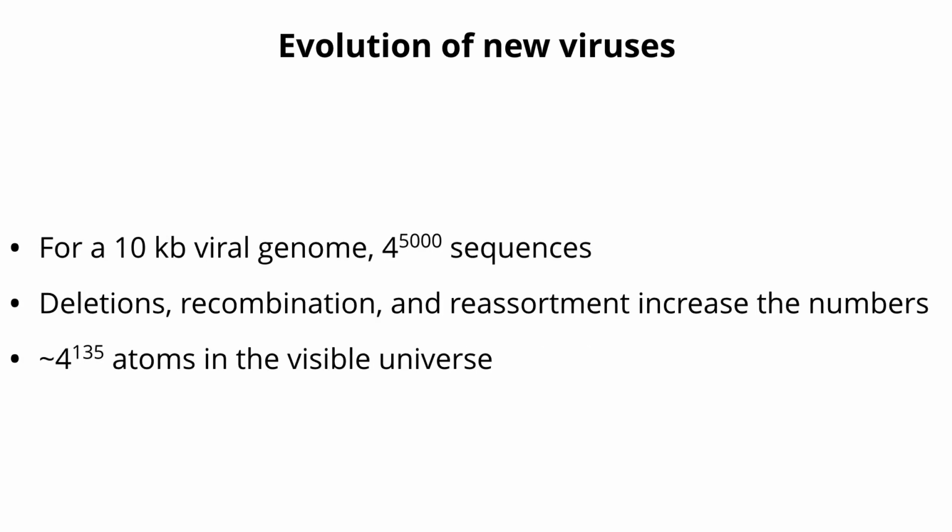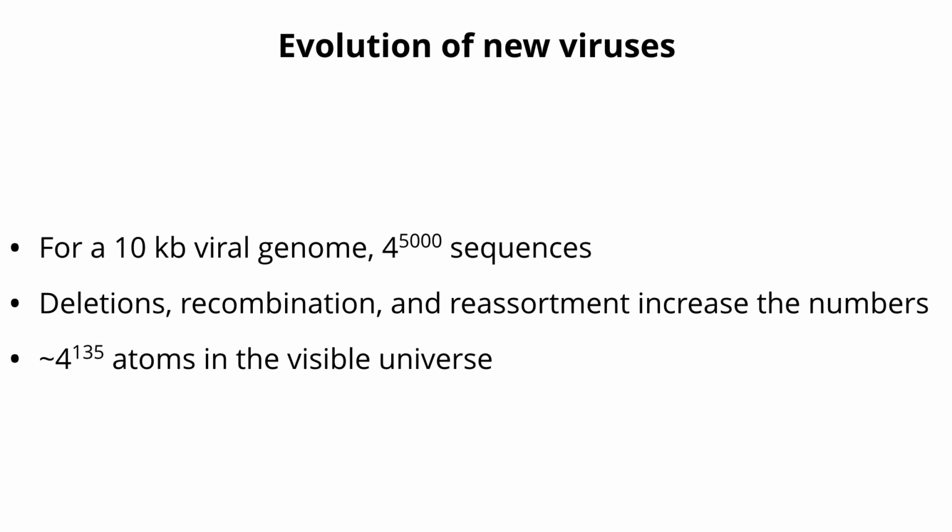So for a 10 kb viral genome, you could have 4 to the 5,000 different sequences, okay? 4 different bases to the 5,000th power. And that's assuming 50% of the changes in a genome can be sustained, the number I just told you. And to that we can add deletions, recombination, reassortment, so we get even more changes.